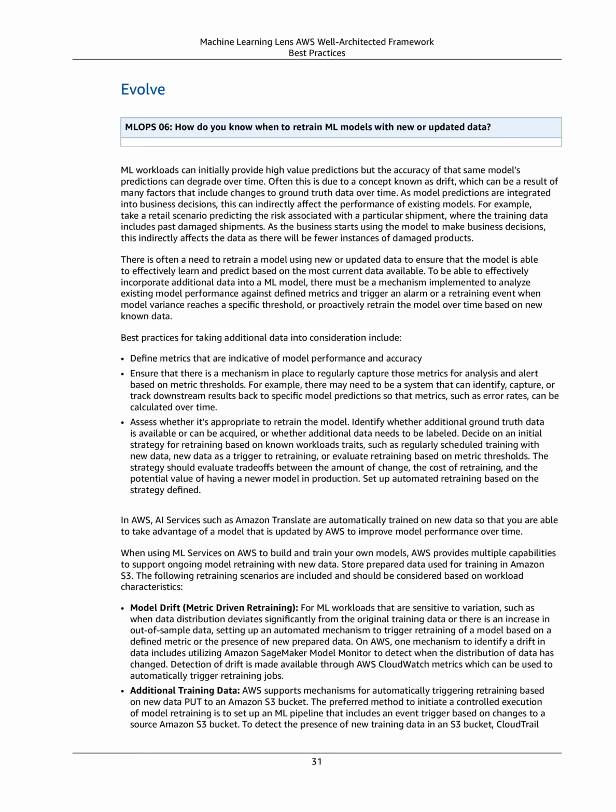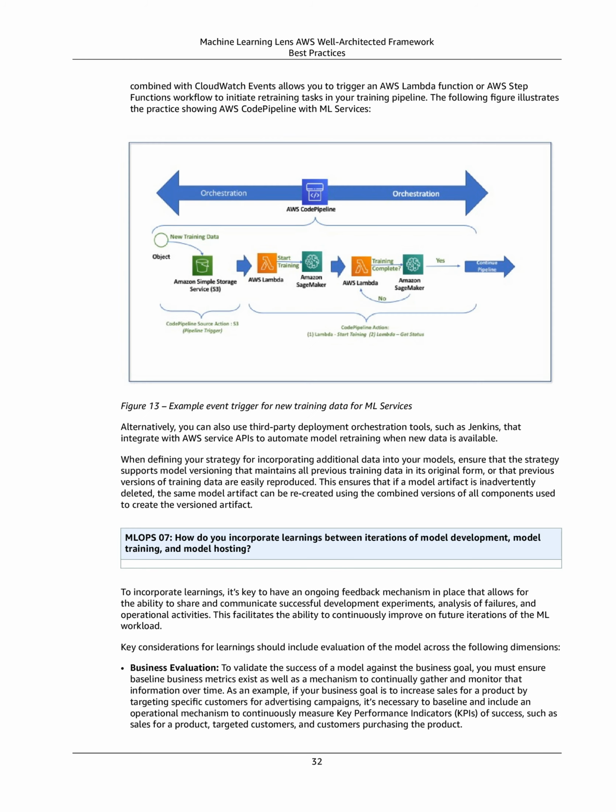To detect the presence of new training data in an S3 bucket, CloudTrail, combined with CloudWatch events, allows you to trigger an AWS Lambda function or AWS Step Functions workflow to initiate retraining tasks in your training pipeline. The following figure illustrates the practice, showing AWS CodePipeline with ML services. Alternatively, you can also use third-party deployment orchestration tools, such as Jenkins, that integrate with AWS service APIs to automate model retraining when new data is available.